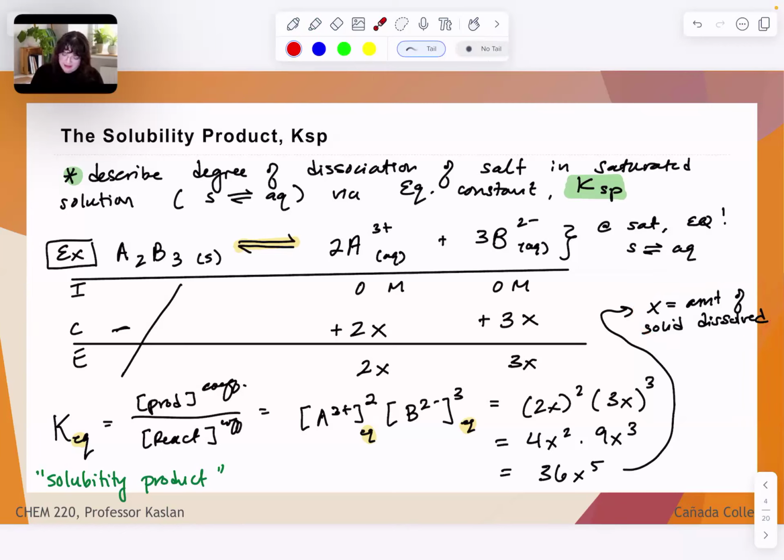If x is the amount of solid dissolved, then that has to be innately related to the amount of ions in our saturated solution or our dissociation equilibrium.